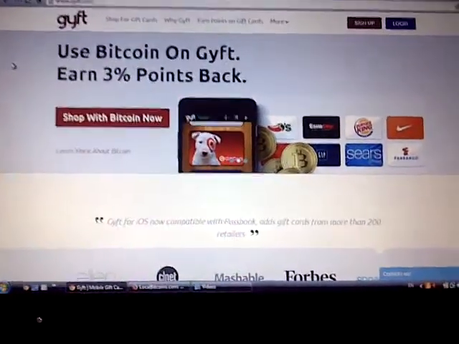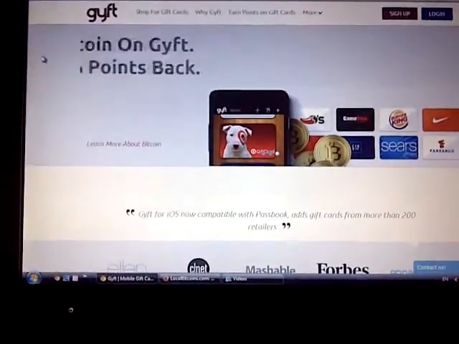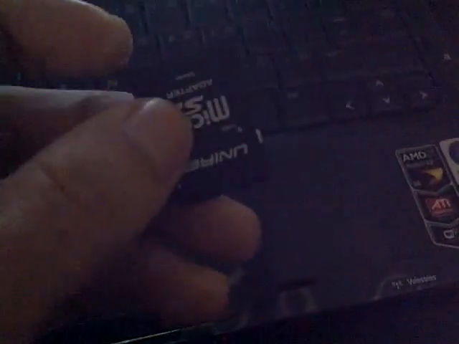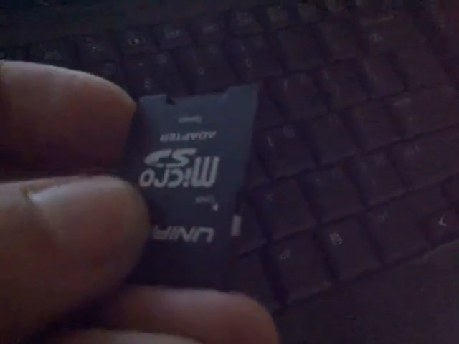Sorry, this is a micro drive. Sorry, I'm in the dark here. And if you notice on the back here, I'll try to illuminate it. There it is. You see that little slot in the back? That's a micro SD card that fits in here.